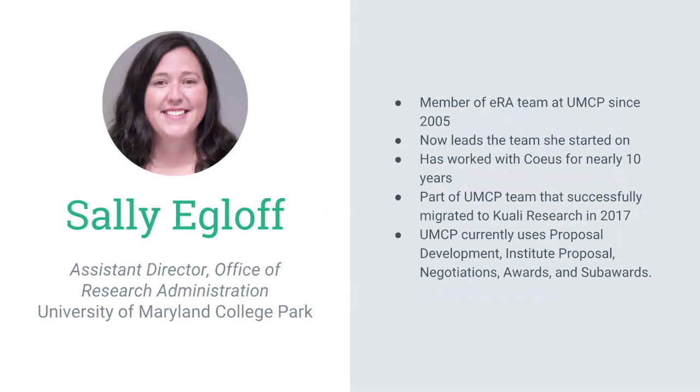She used the legacy COIA system for nearly 10 years, and University of Maryland College Park successfully migrated to Koale Research in the fall of 2017. While that was just a year ago, she currently has the following modules implemented: proposal development, institutional proposal, negotiations, awards, and subawards. So that basically means Sally knows everything. Sally, please walk us through how you manage credit splits at University of Maryland College Park.